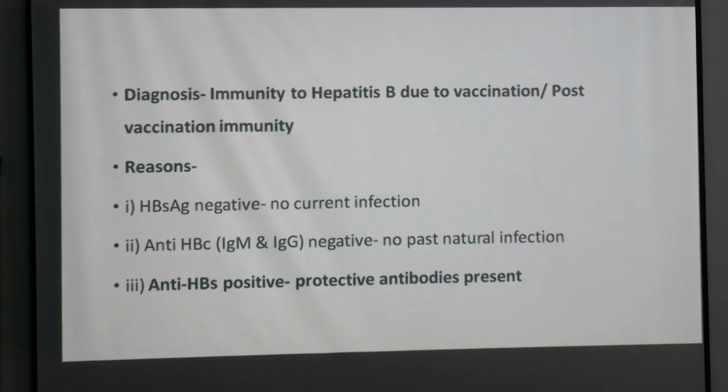HBs antigen নেগেটিভ, no current infection. Anti-HBc both IgM and IgG negative means no past natural infection. Anti-HBs positive, protective antibody present. Without any past natural infection, protective antibody present means it is vaccination.